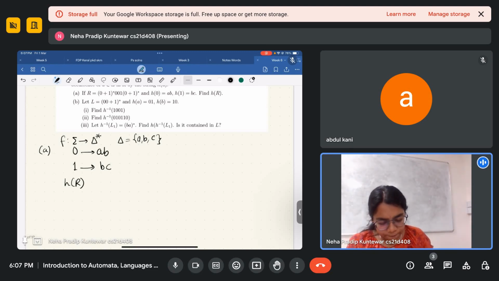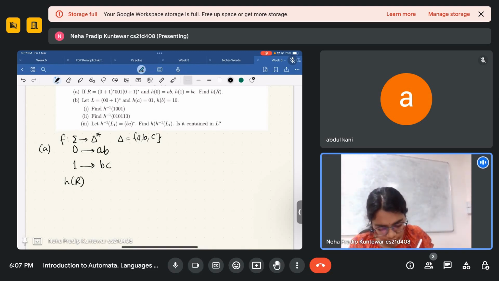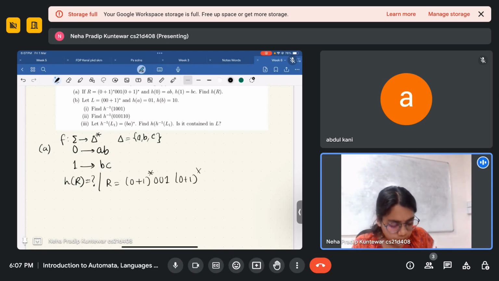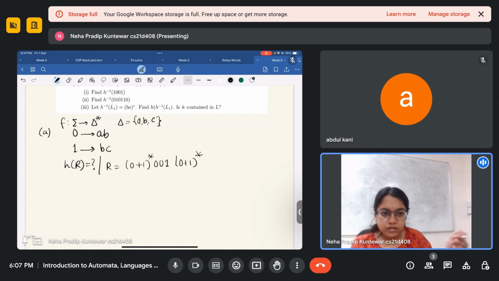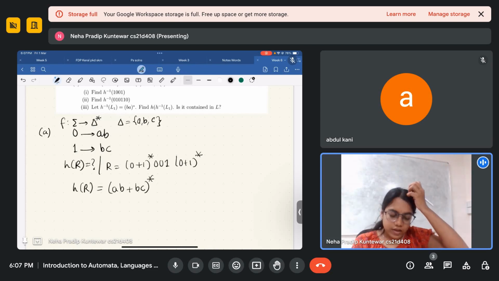Okay, so let's see. The given regular expression is (0 + 1) star followed by 0 0 1 followed by (0 + 1) star. What does H do? H looks at every occurrence of 0 and simply replaces it with AB, and looks at every 1 and replaces it with BC. So H of R would be: 0 is replaced with AB, 1 is replaced with BC, and you keep the star operation as it is.